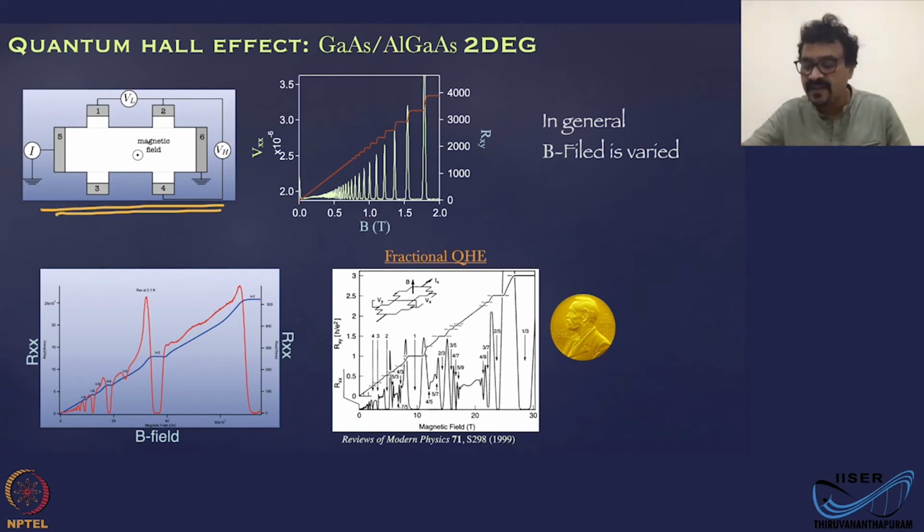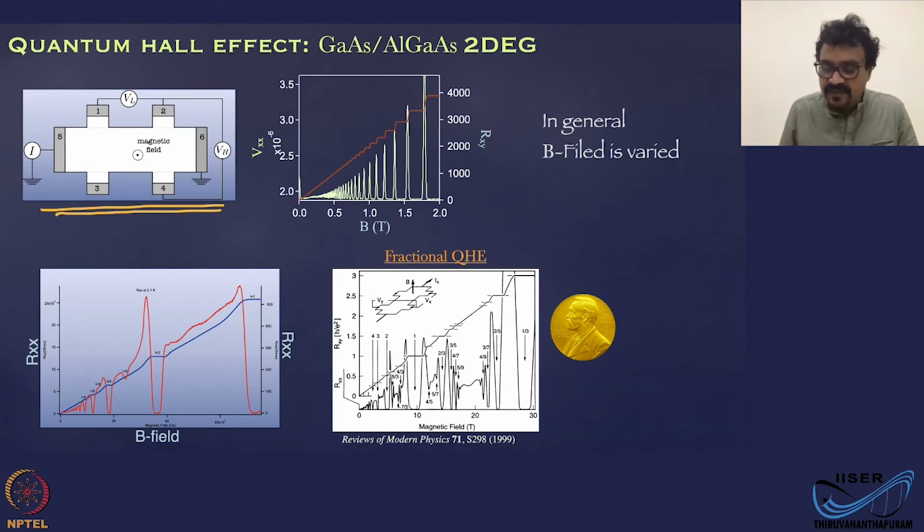Okay, and that is also showing oscillation. So this oscillation in the current in the direction of the field is called Subnikov-DeHaas oscillations, and this is the quantum Hall effect, the step-like feature in the Rxy.